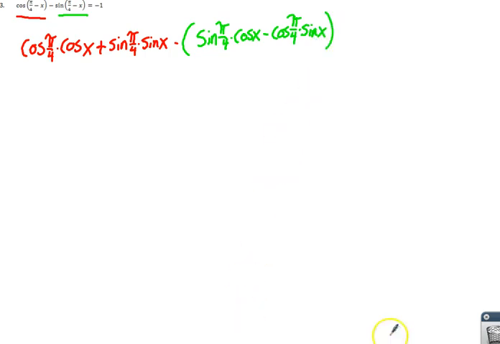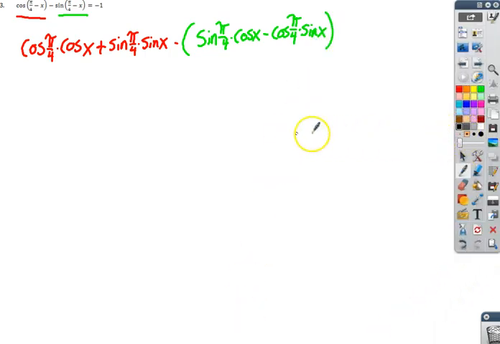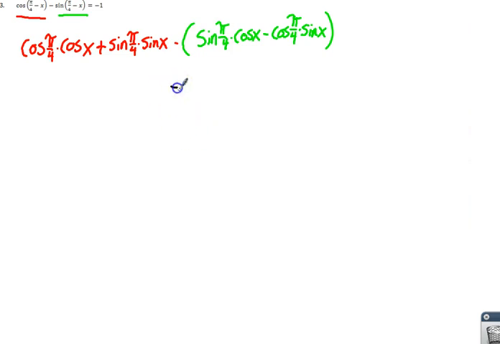Now, when I drop the negative sign into here, that's going to be something magical. Now, as you know, pi over 4 is a value on my unit circle. The cosine and sine value are root 2 over 2.